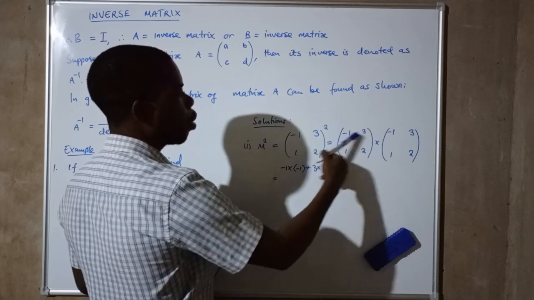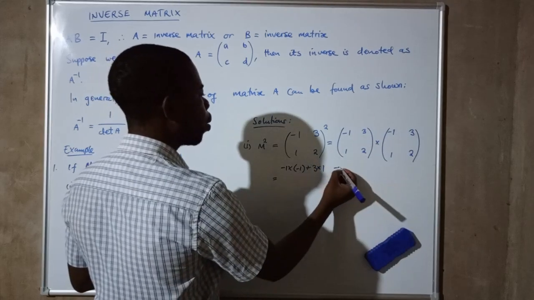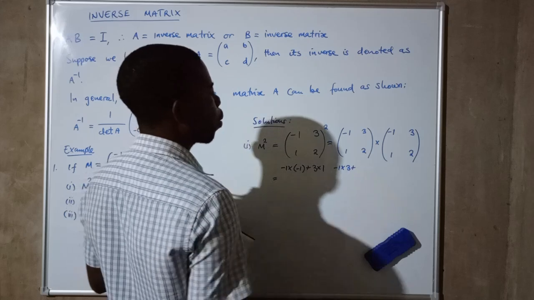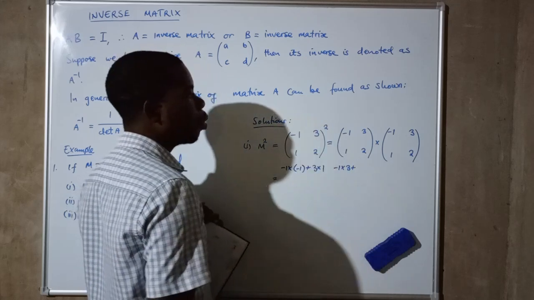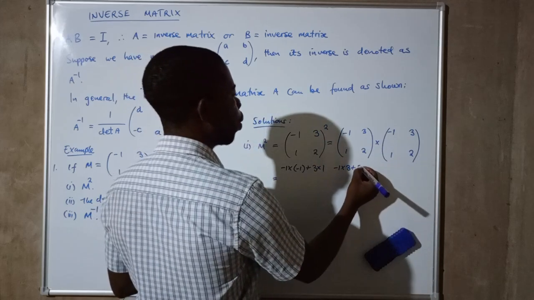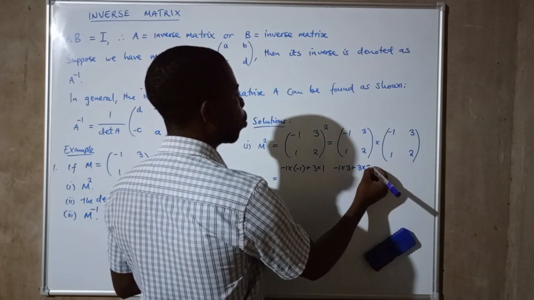Then you shift again, negative 1 times 3, then plus 3 times 2.